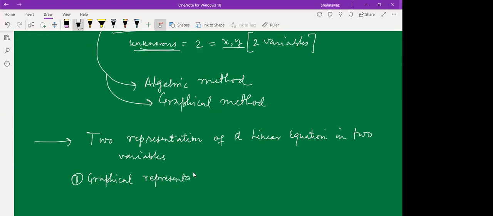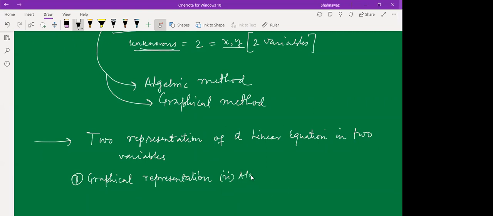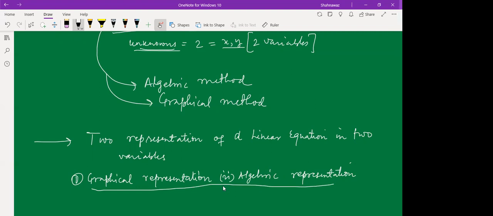And the other one was what? Algebraic representation, right? And Adil, in chapter 3.1, we will be learning about only the representations of the linear equation, right?